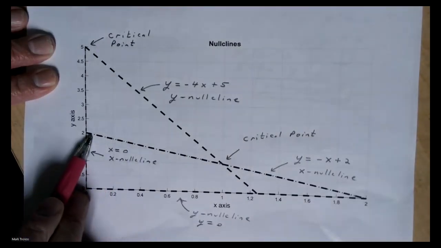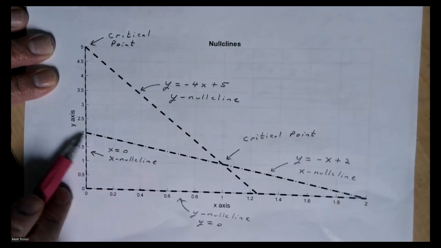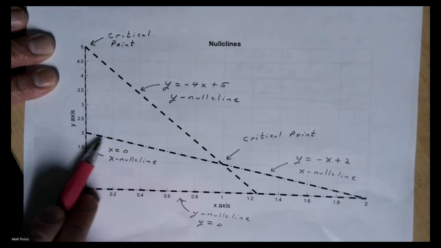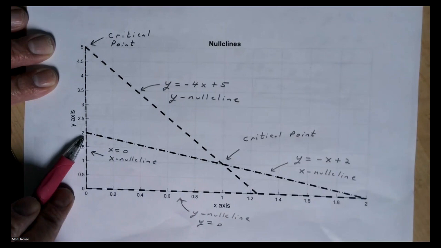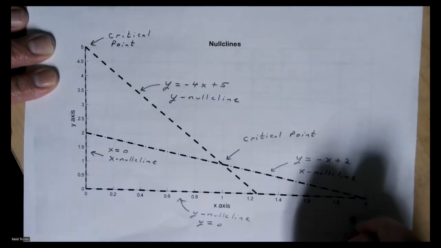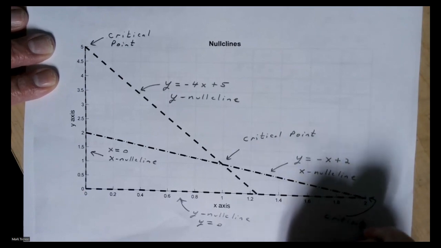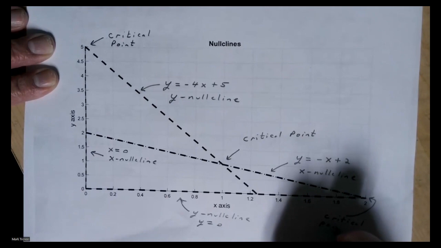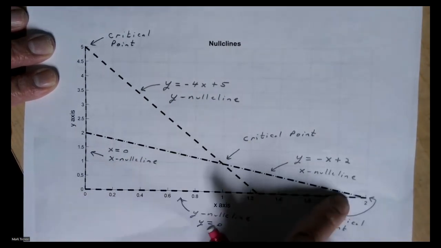Now, notice here we have an x nullcline and an x nullcline. This is not a critical point because these are the same type of nullcline. So that's not a critical point. Where else do we have? Over back here, this is a critical point, because we have a y nullcline and an x nullcline.